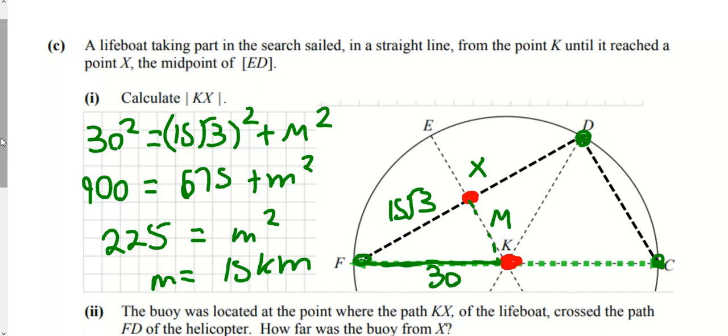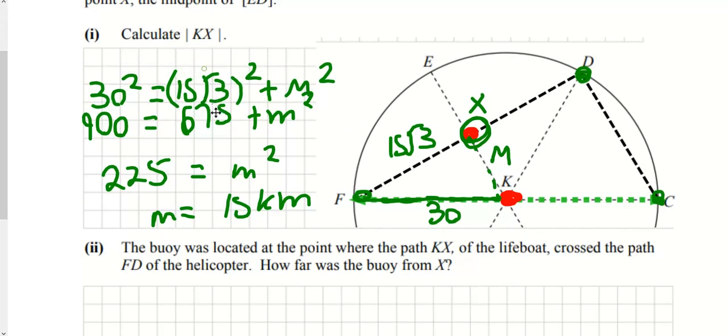Sorry, lads. See the question I just did? See this one I just did here? That's actually the answer to C part 2, not C part 1. I read it wrong. Is that all right? So this is where the buoy was found, where the helicopter's lines intersect. So all of that there is actually this part here.